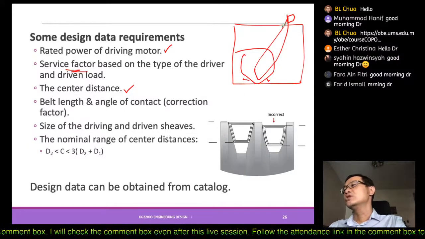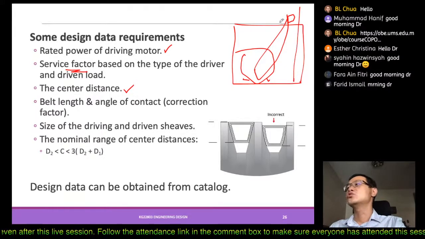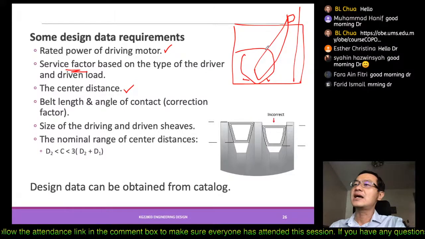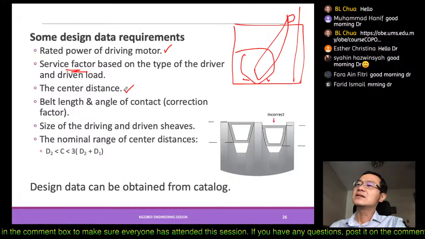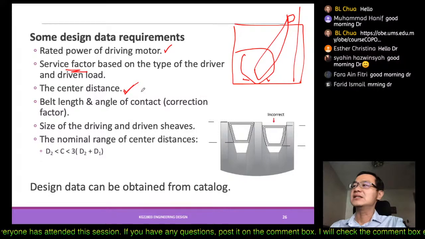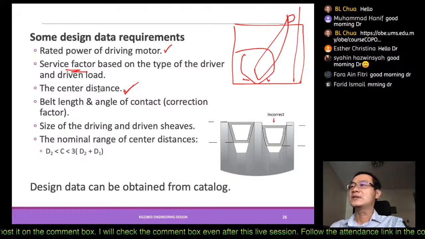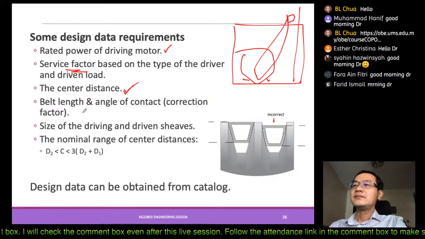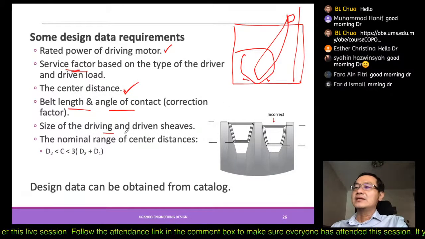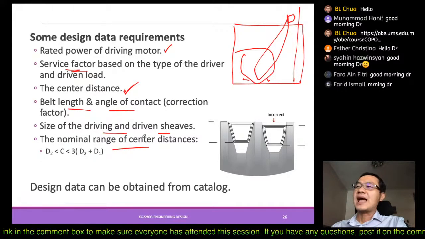If you have very limited working space, whereas you have another machine here, then you have to design accordingly. That will dictate your center distance. But if you have no limitations, then the center distance is up to you. You just select any numbers that you like. Then also the belt length, the angle of contact, and so on. Again, based on this idea.